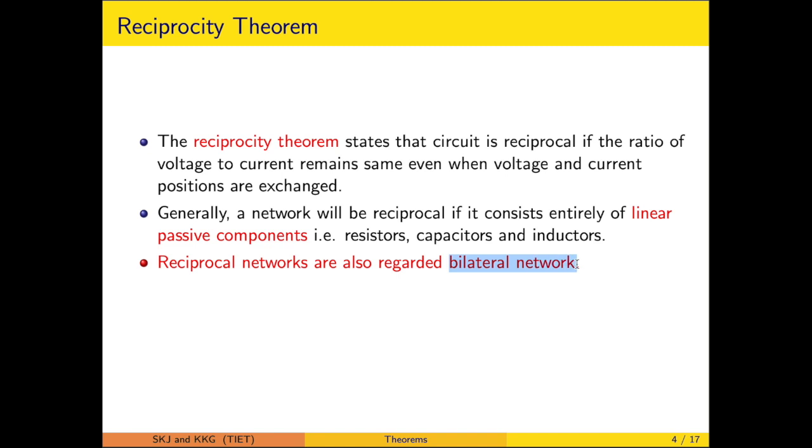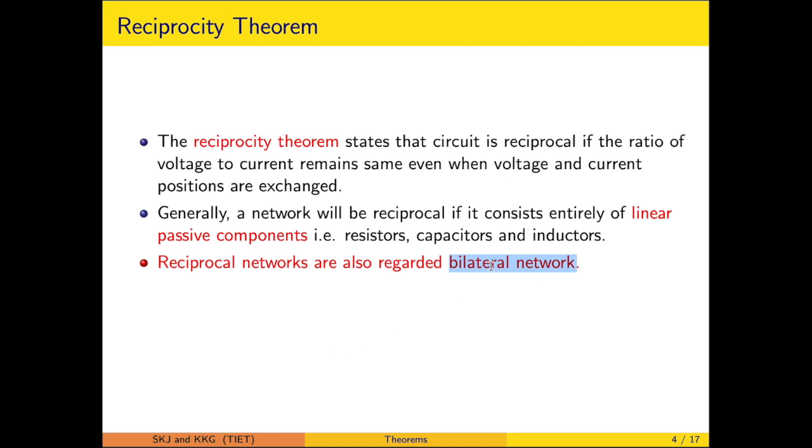Bilateral networks are those whose performance is not affected by the change of direction of, let's say, current flow. In this particular case, when we are moving the input from the x dash position in the first diagram to the y dash position in the second diagram, the direction of current flow is going to be changed.